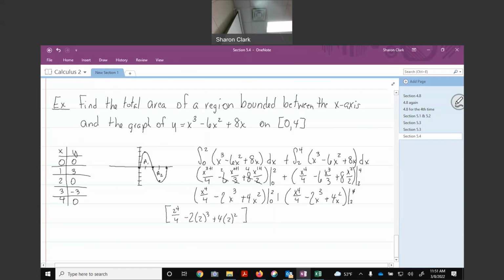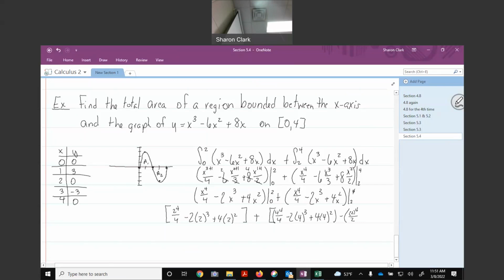Oops, I forgot my plus sign. Plus 4 to the 4th over 4 minus 2 times 4 cubed plus 4 times 4 squared, minus 2 to the 4th over 4.